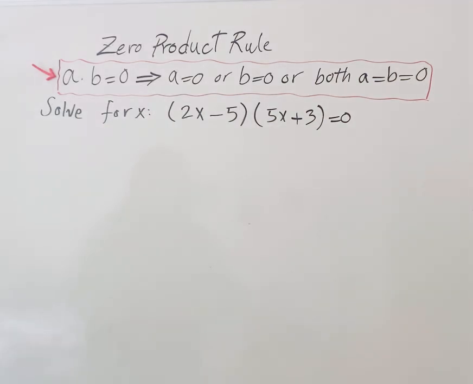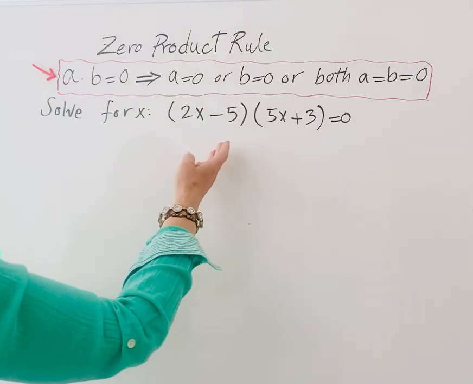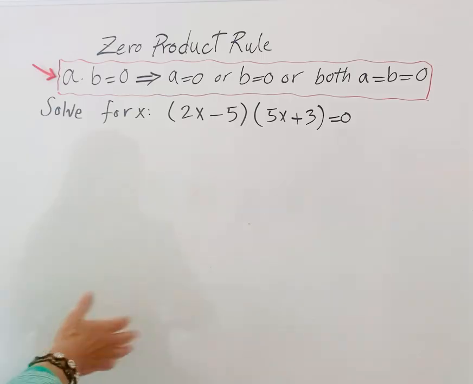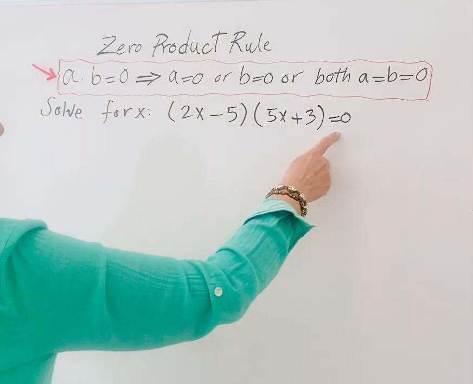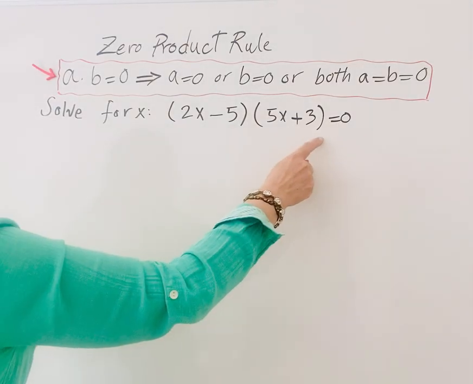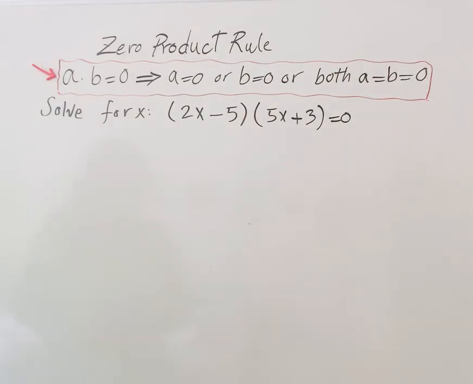If we don't have this form, we should write the expression as a product of terms equal to zero, and then we can set any factor or parentheses to zero.